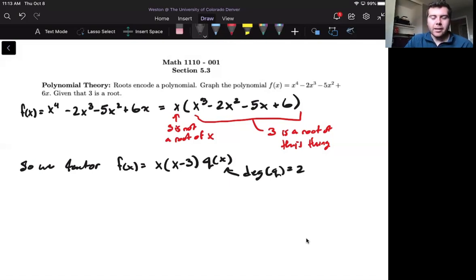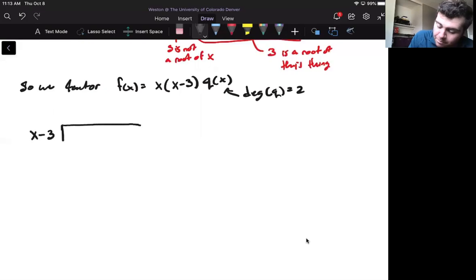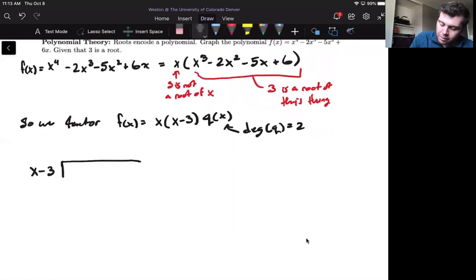In this video, we're going to talk about how to find this q of x. And for that, we need to do polynomial division, which is really reminiscent of long division. So first we write the polynomial that we're dividing by on the outside, and the polynomial that we're dividing into on the inside.